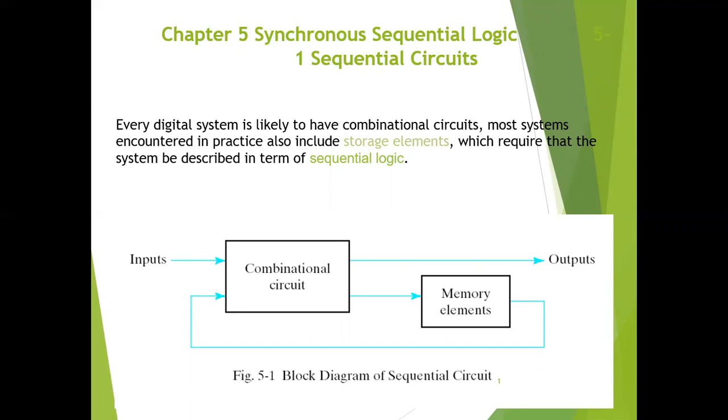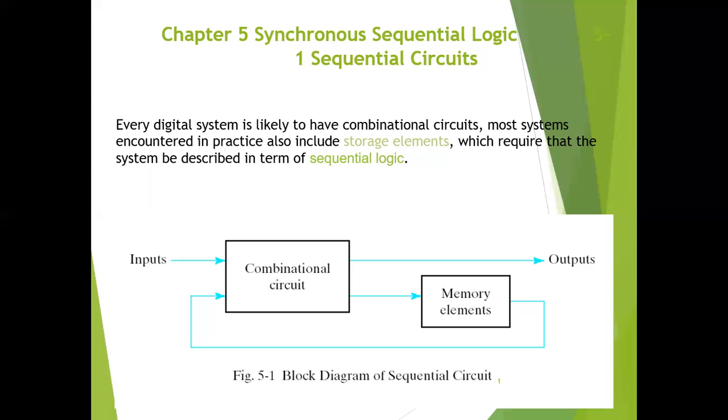It consists of combinational logic circuits, and along with them a memory element is included, which is also used as a feedback path from the output of the combinational circuit to the input. By using these memory elements, we can store different types of data in digital circuits.